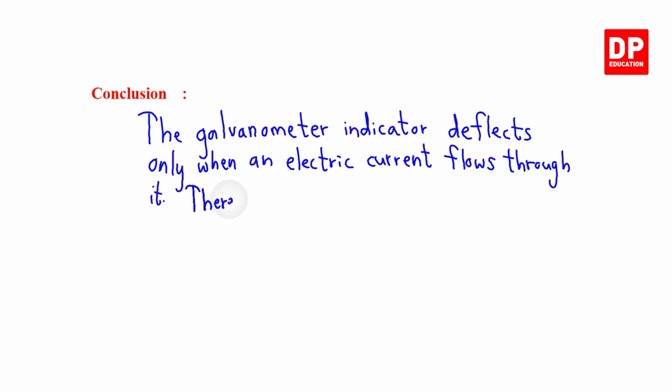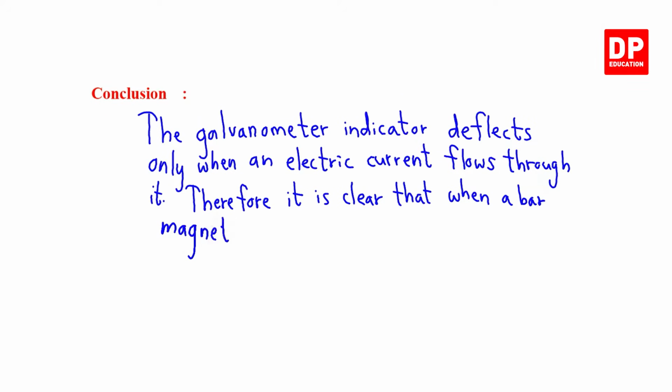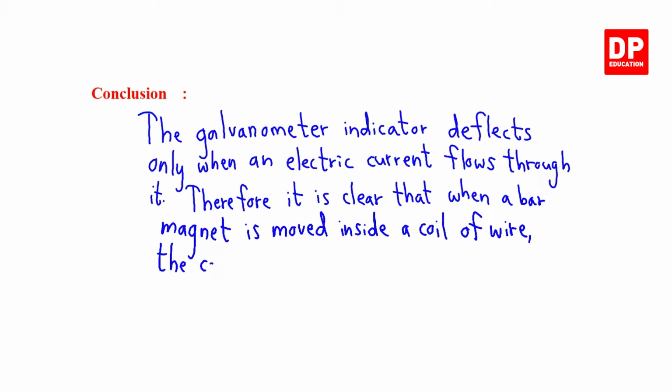Therefore, it is clear that when a bar magnet is moved inside a coil of wire, the coil of wire generates electricity.